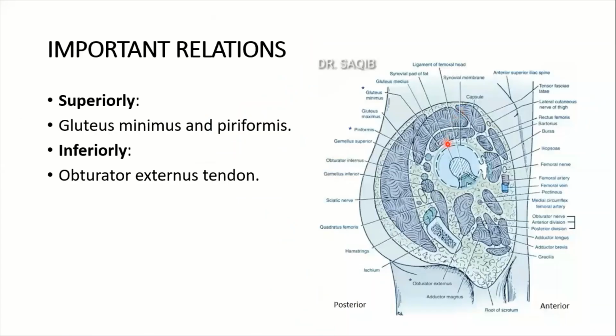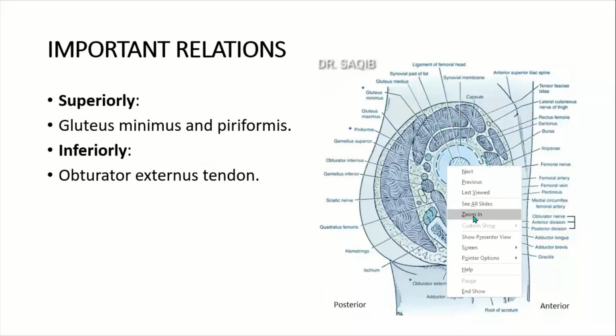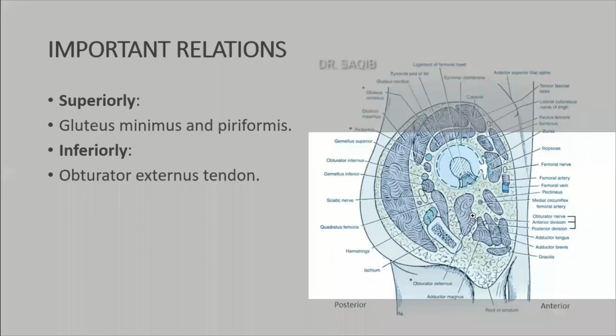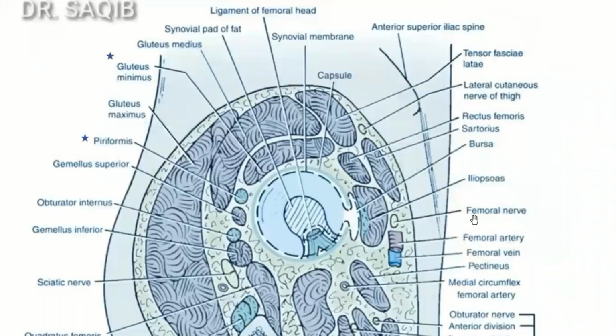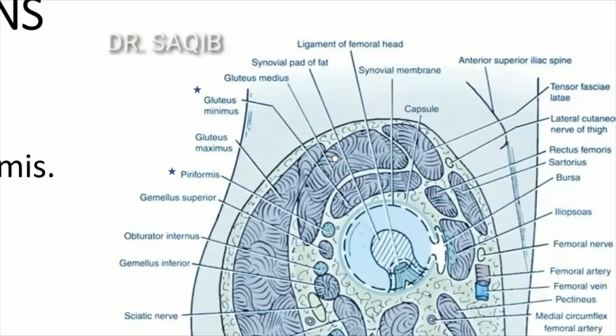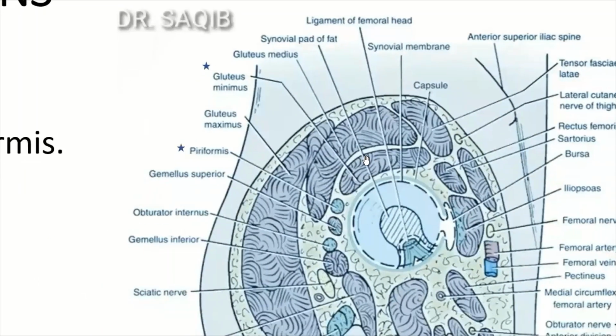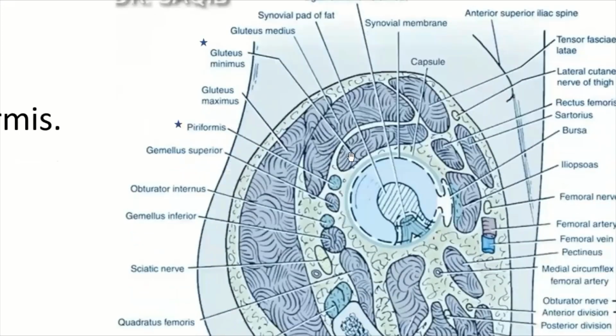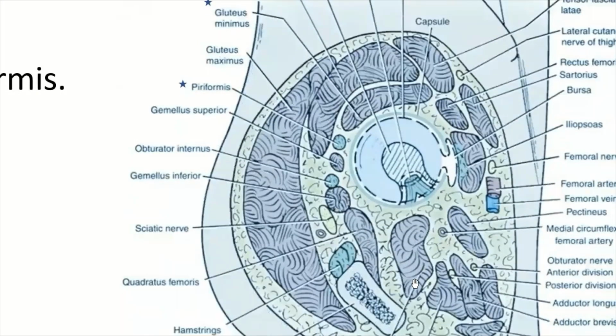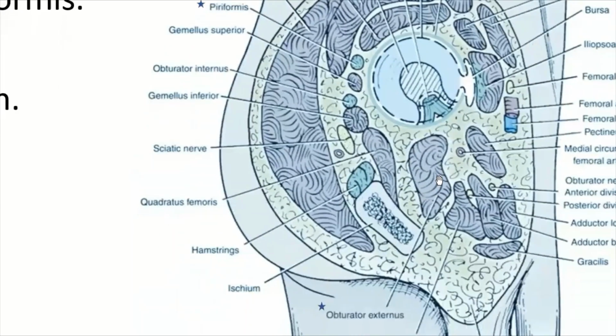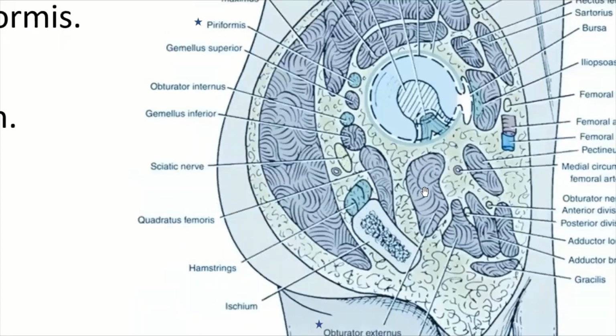So then superiorly and inferiorly, what are the relations? Here you can see inferiorly is the obturator externus.